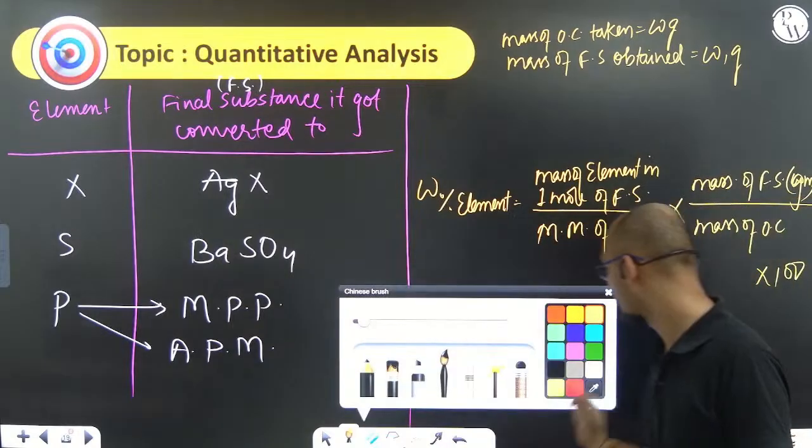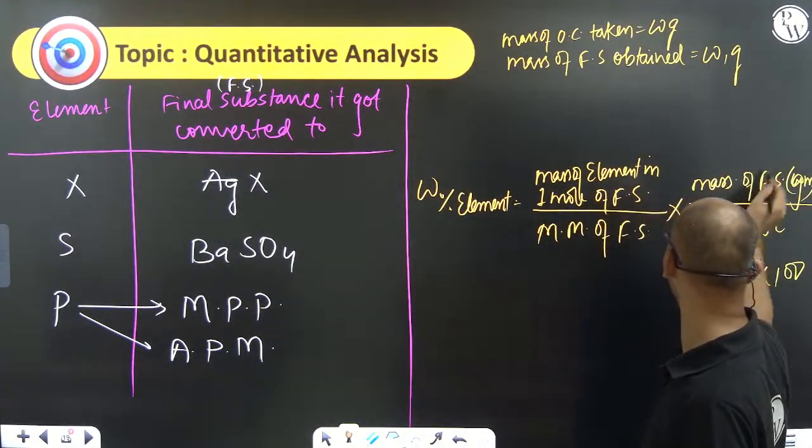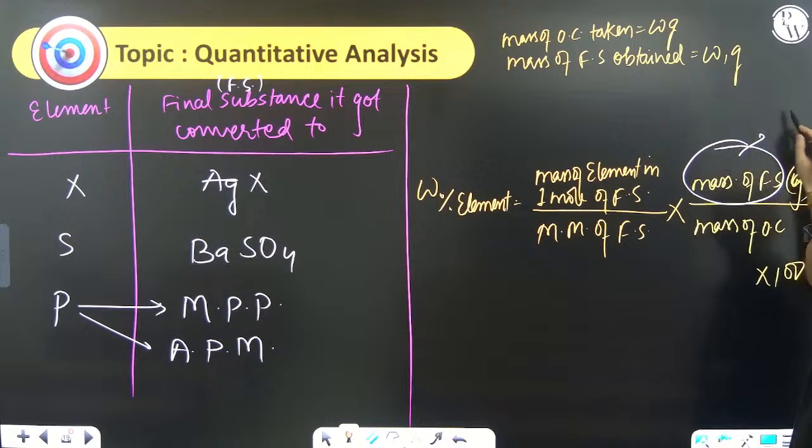So that is what you have to always follow. Mass of FS is nothing but W1 gram, and mass of organic compound is nothing but W.